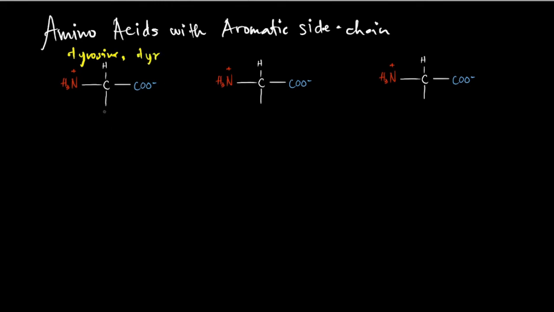Then we have here our methyl or our CH2. Then that is actually bonded to an aromatic group, aromatic side chain. So we will draw a benzene ring here. Then that benzene ring is actually substituted wherein we have here a para alcohol.